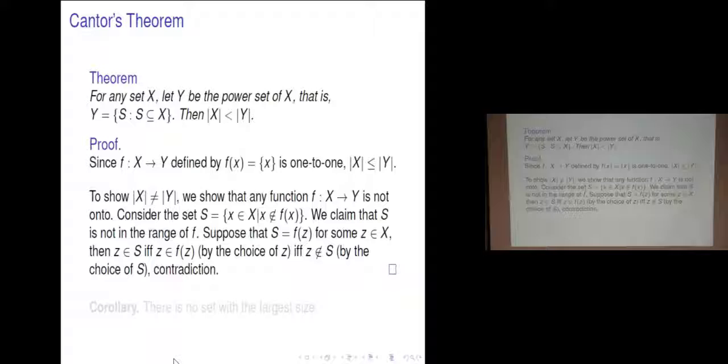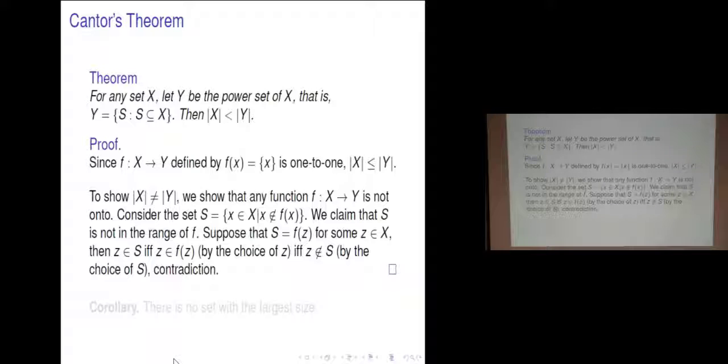If you are in the set, I do not take you. So it's like a diagonal argument, right? I'm going to go against you. If you belong to that set, I don't take you. If you don't belong to that set, I'll take you, right? So I'm trying to do this diagonal thing again, right? Okay, so this is a bit abstract, I know, but it's so short, you can do it.